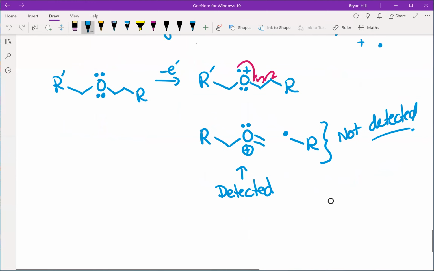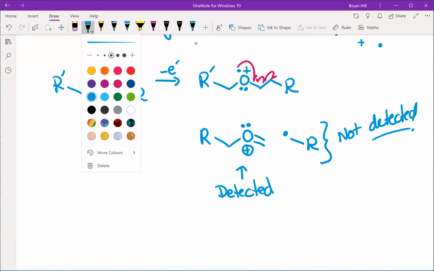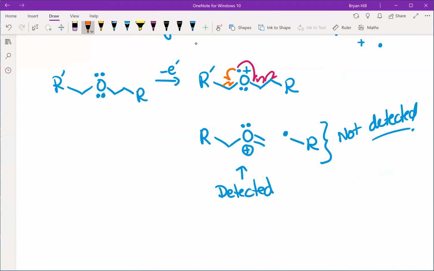And there would be another way of doing the exact same thing, except using, let's see here, let's do orange. We could do the same sort of radical cleavage on the other side. And this would generate, again, this species which is detected, and this R prime dot would be undetected.